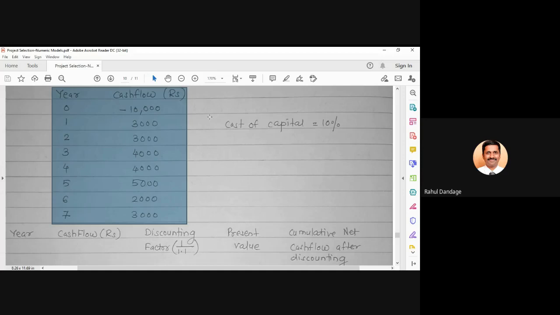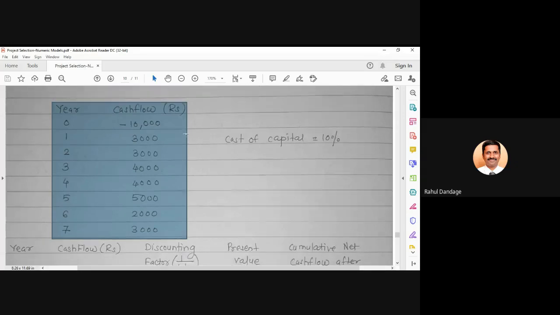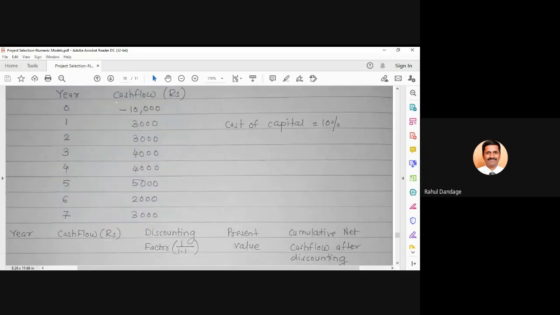If we don't consider the discounted payback period method, then we can easily understand that the 10,000, which is the initial investment, will be repaid in 3 years: 3,000, 3,000, 4,000, and 10,000 is recovered. So the 10,000 invested today is recovered within 3 years, with 3,000 in the first year, 3,000 in the second year, and 4,000 in the third year.